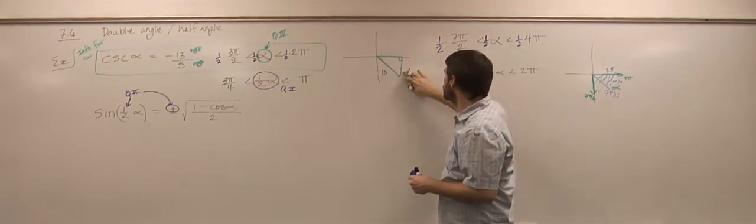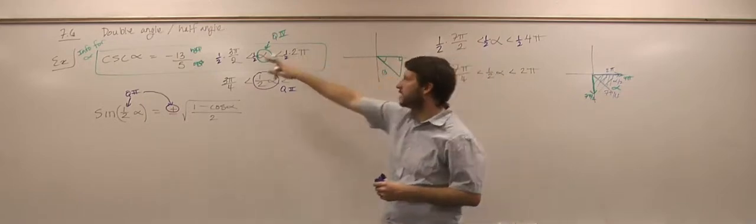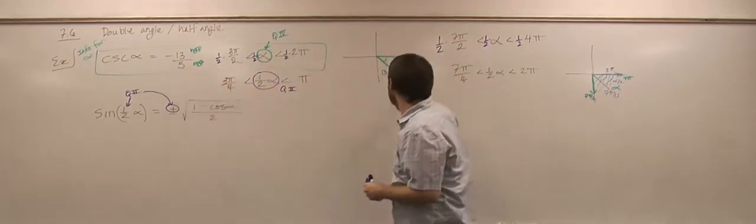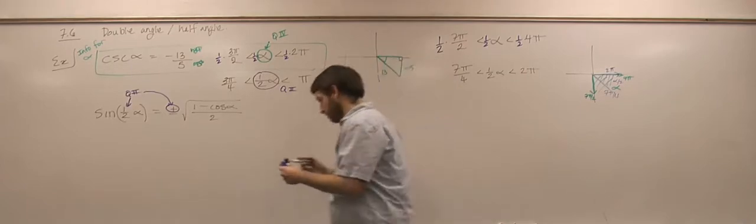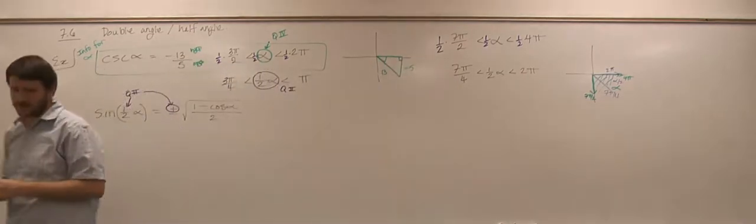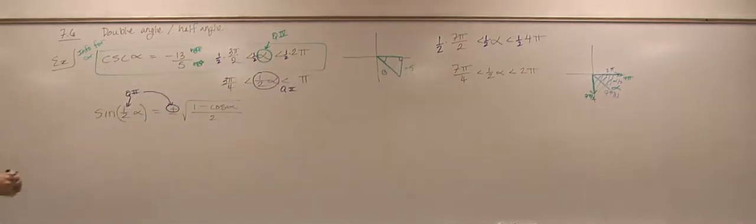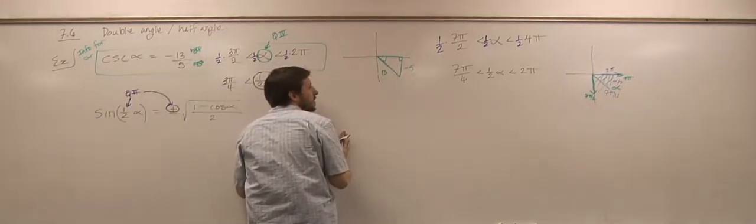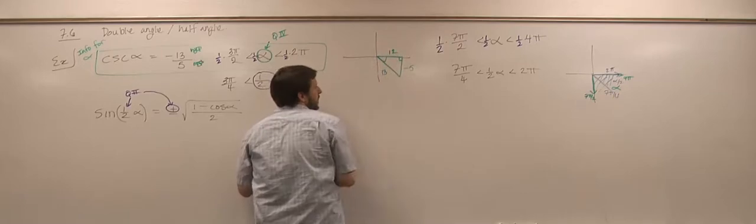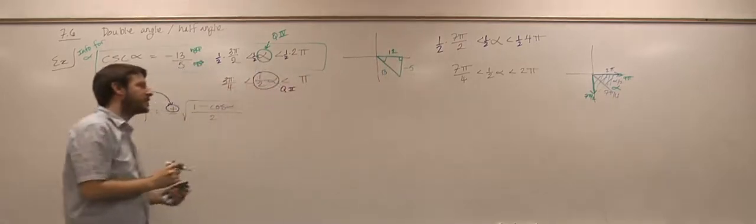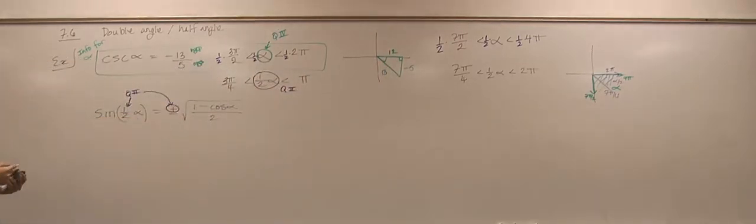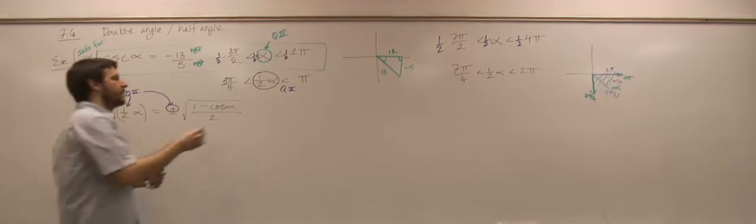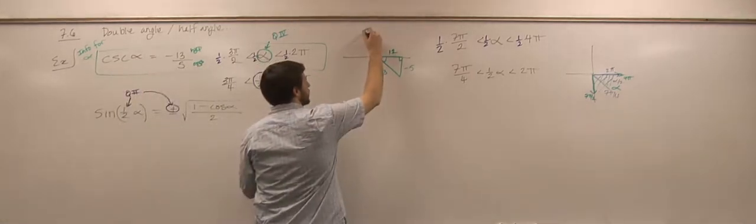And the opposite side should be negative 5 because we're in quadrant 4. Pythagorean theorem tells you the remaining side. What's this remaining side? 12. Positive or negative? Positive, because it's in the first quadrant. So this is your diagram for alpha.